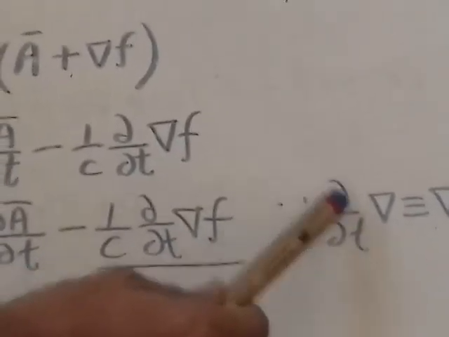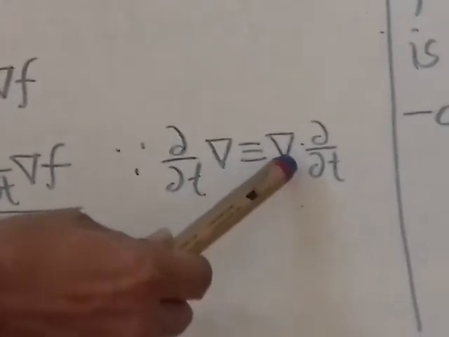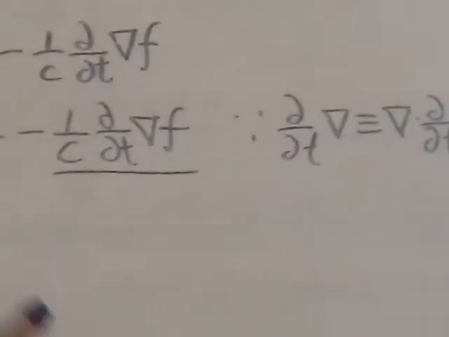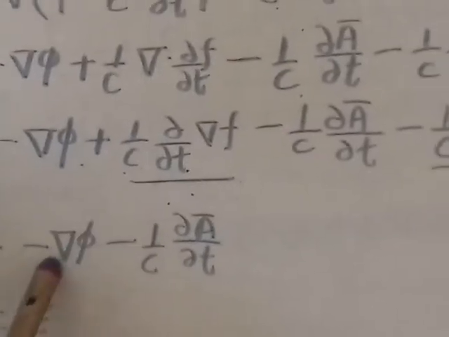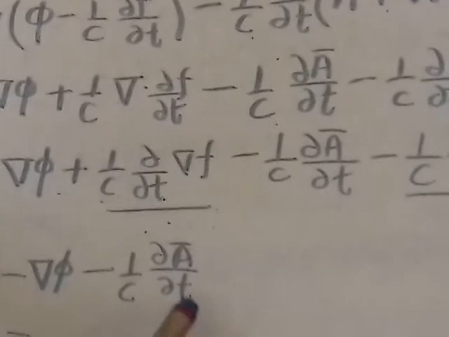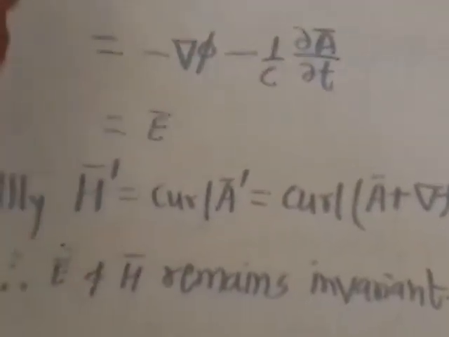The reason is that ∂/∂t of the gradient can be written as the gradient of ∂/∂t. So these two terms cancel, and here we get minus grad φ minus (1/c) ∂Ā/∂t. But this is nothing but Ē. So we have proved in this case Ē' is equal to Ē.